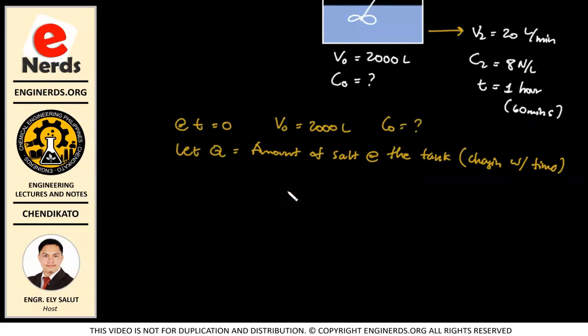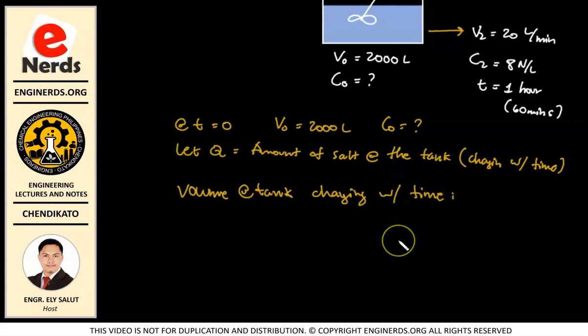So let us find out what the volume of the tank is at time. The volume of the tank is changing with time. So let's find out the volume of our solution in the tank, which is changing with time.